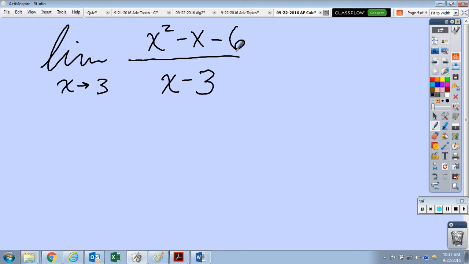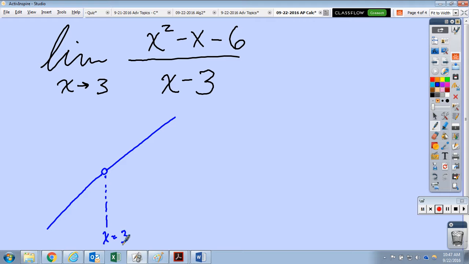It's 0. You have to be careful, because what if we have a removable discontinuity? You have to factor it. Say graphically, for example, let's say you had something like this, where this is at x equals 3, but there's not a discontinuity.